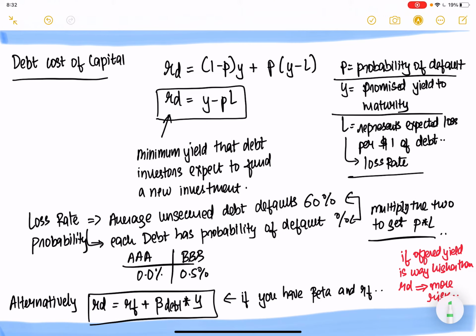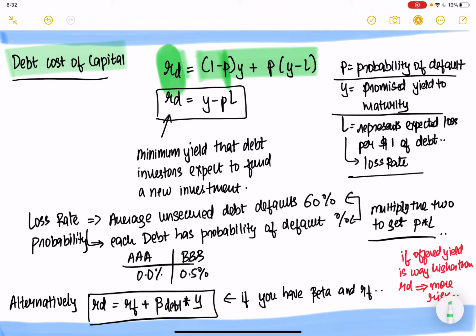We've looked at equity cost of capital. Now let's look at debt cost of capital, because that's the second part of this video. Debt cost of capital can be found using this formula: RD, which is the rate of return that an investor expects from a debt type investment, equals (1 minus P) times Y plus P times (Y minus L), where P is the probability of default. In the case of debt, default risks come into play.